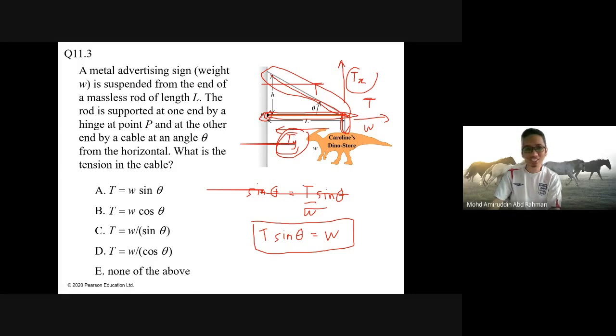And anyone choose D, you still don't get the answer. So the answer is C, right? Based on this equation, you just rearrange this, T is W over sine theta. Okay, good. All right, thank you, Kalian.